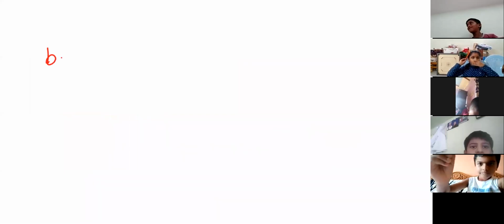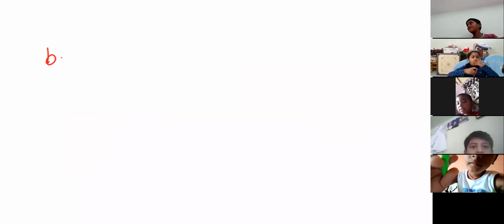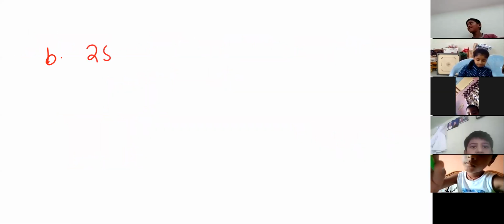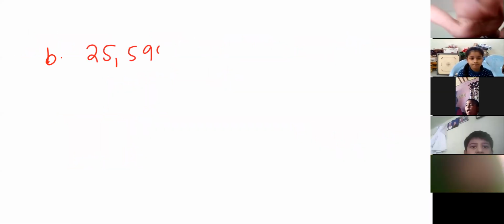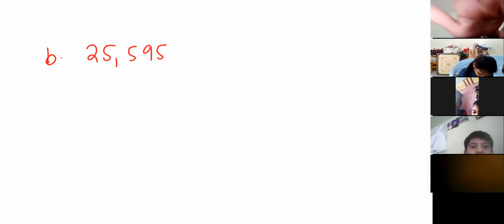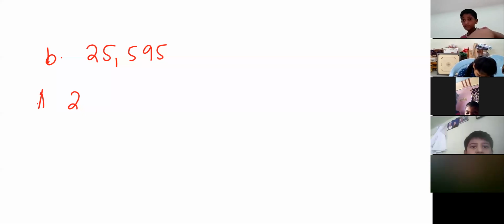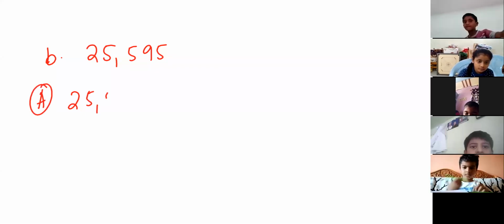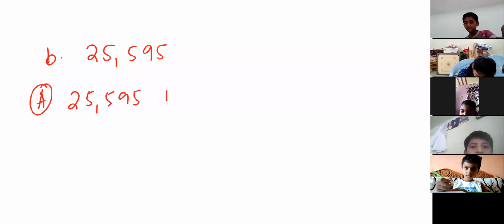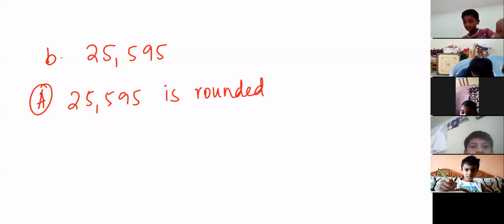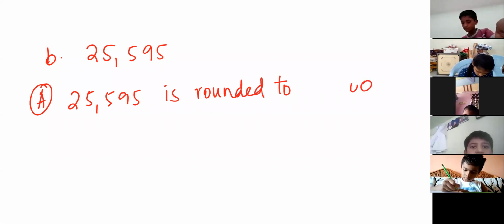B bit, the same question. Round off the following to the nearest hundreds. The question is 25,595. Take the answer. 25,595 is rounded to, as we are rounding off to its nearest hundreds, ones and tens places will be zeros.